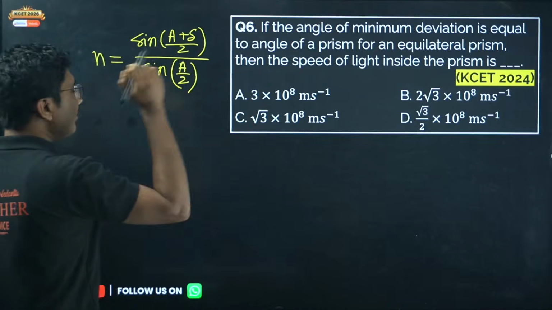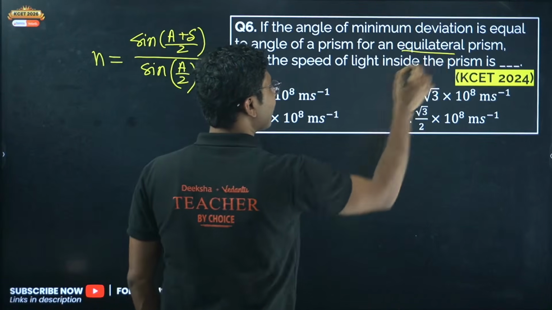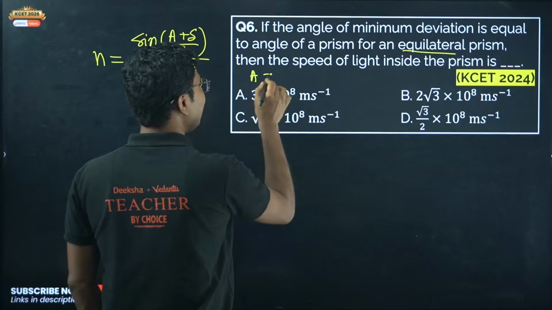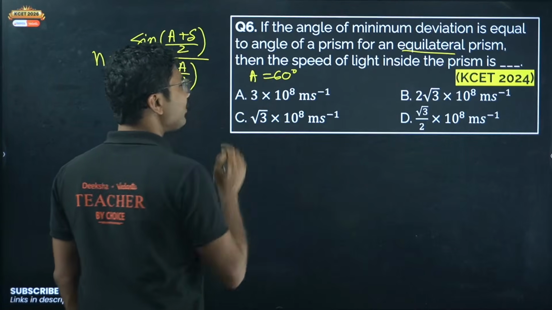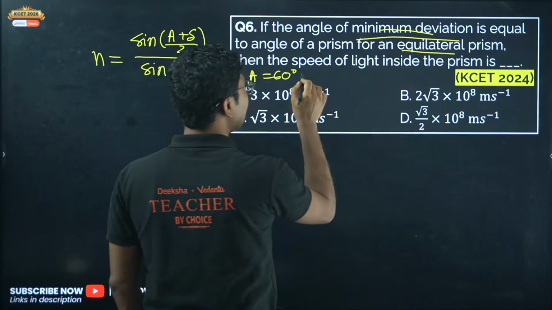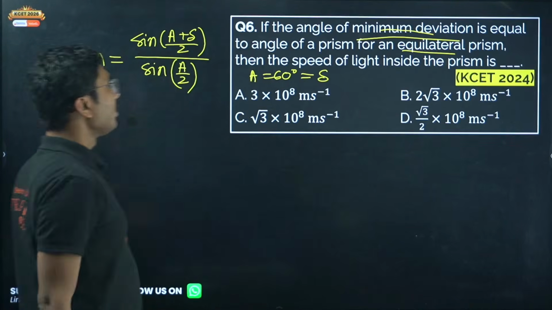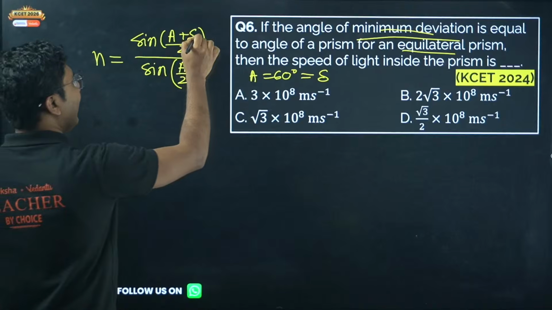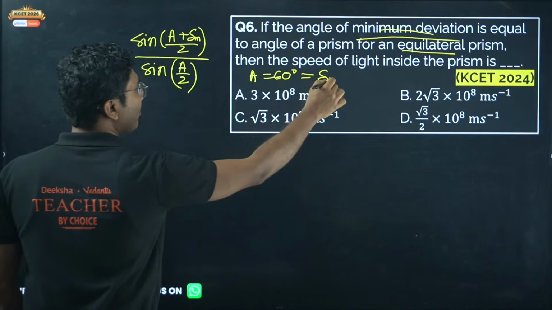Now, because it's an equilateral prism, A is 60 degrees. Also it is mentioned that the angle of minimum deviation, delta, has the same value. So delta M and the angle of prism are both the same.